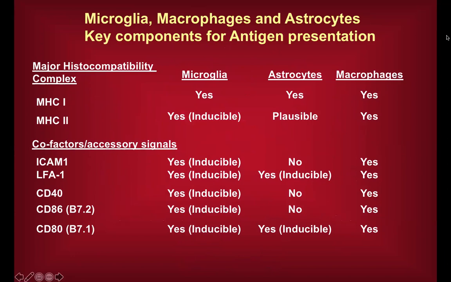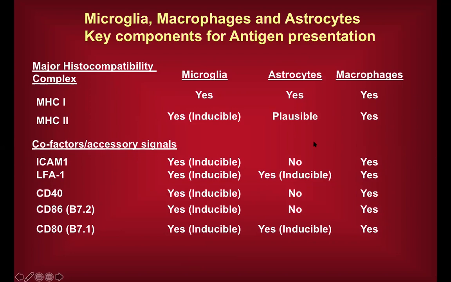Yes. Can it present self and non-self on MHC1? Yes. No surprise there. So let's focus on this right column. Does it have all the cofactor signals you need for antigen presentation? Yes.